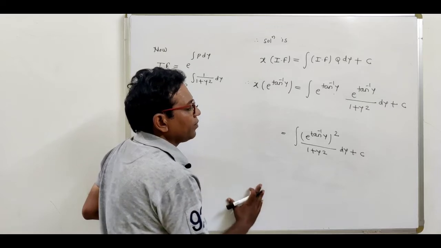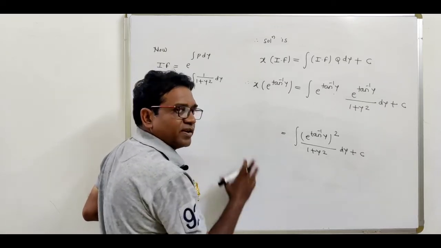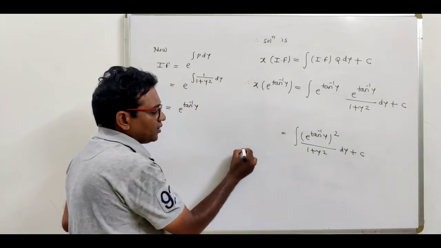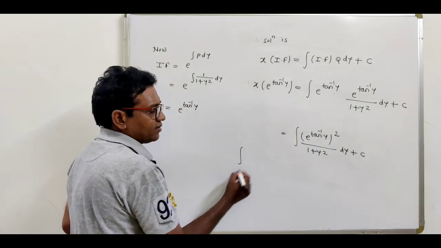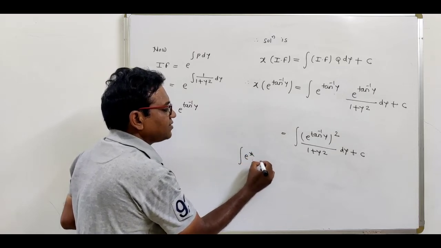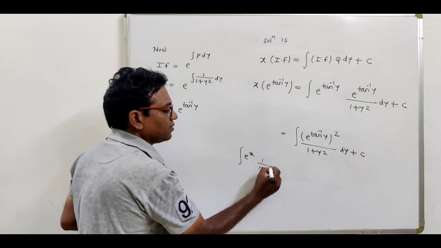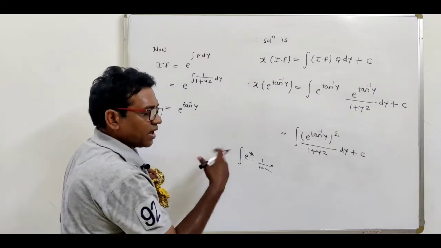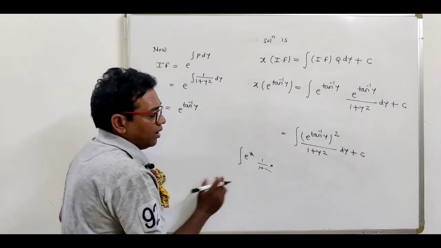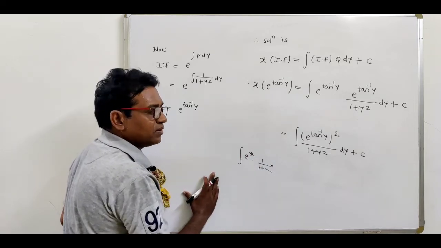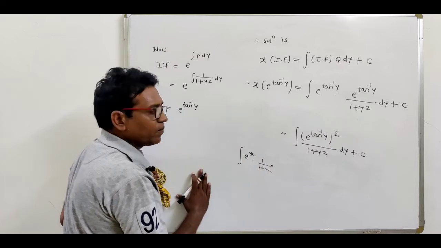Now see how to solve this integration. If suppose the integrand contains an exponential term and some other term, see how to solve such a type of integration. If the integrand contains some exponential term, then what is the first priority?